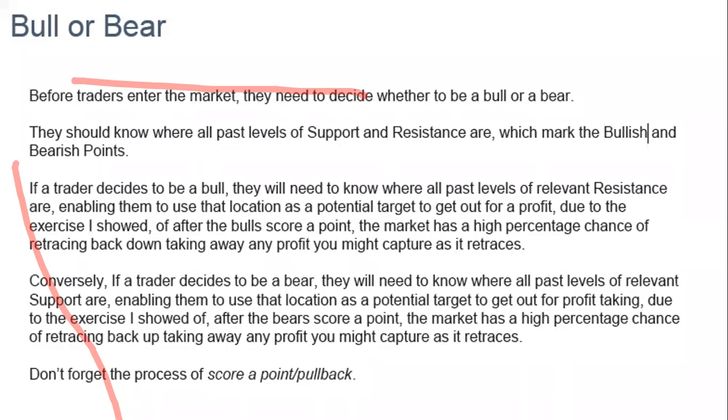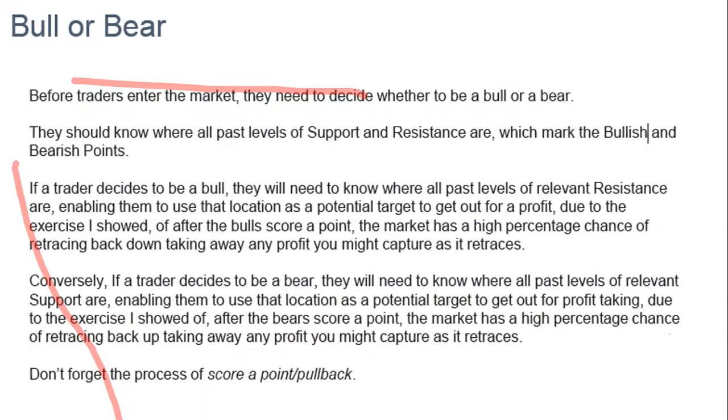You saw me do the analysis all these days, we can still do it again. Now, when you are done with knowing the trend, you've decided to be a bull or a bear, the next responsibility is for you to identify all past support and resistance levels.